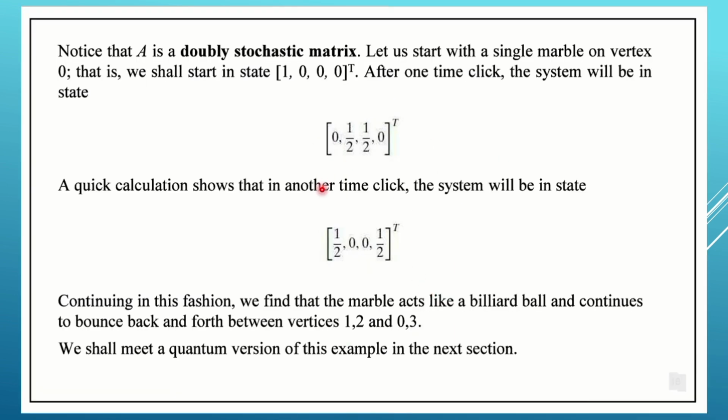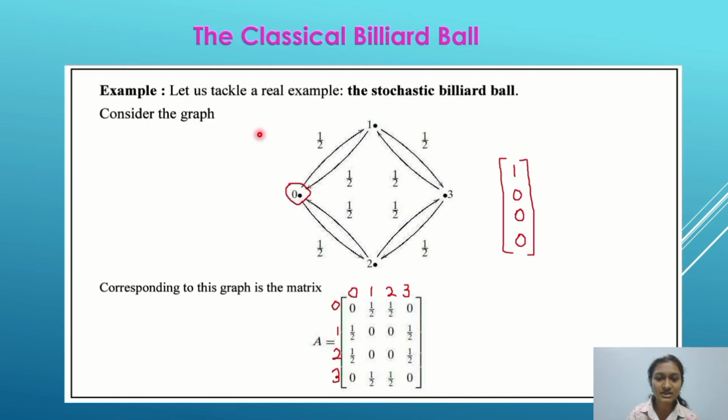This matrix we can also call a doubly stochastic matrix. It is a matrix having real values between 0 and 1. So this matrix also has values between 0 and 1, that is 1 by 2, and the sum of each row and column is 1.